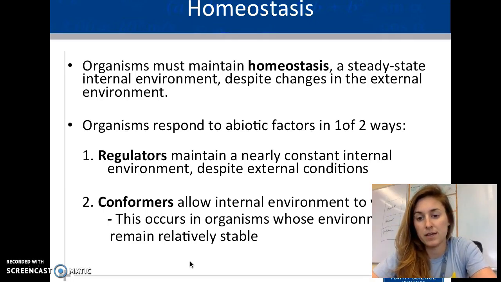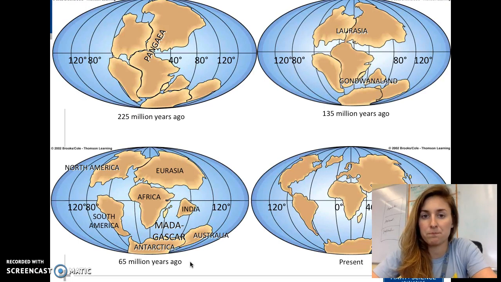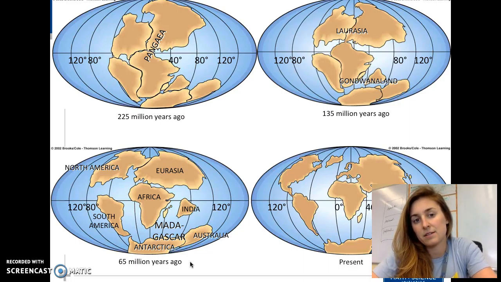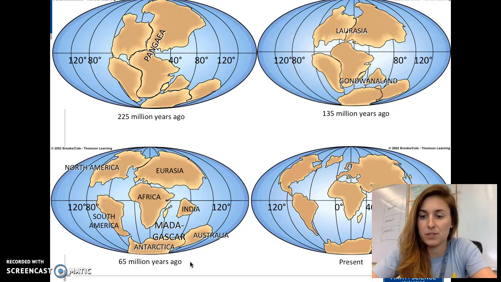Snakes, reptiles, they adapt to their environment because they try to live in environments that are pretty stable anyway. If I live in the desert, my year-round temperature stays pretty much the same. So we see that depending on where we move past the equator, talking about Pangea, that can impact what type of species we see on the different continents.